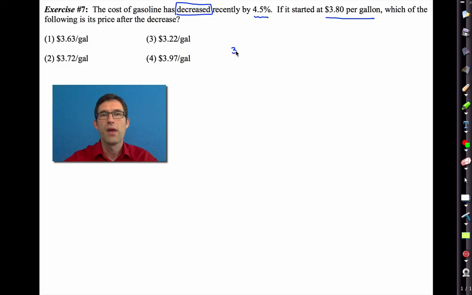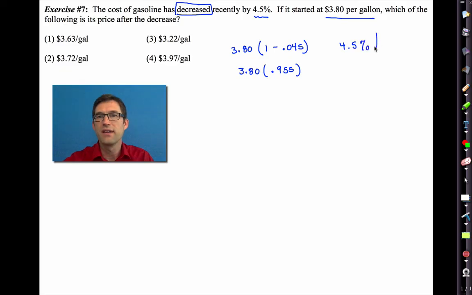All right, so this is one like what we just worked on. If I take my 380 and I do 1 minus 0.045, right? Well, that's going to give me 0.955. In other words, a 4.5% decrease leaves 95.5% remaining.